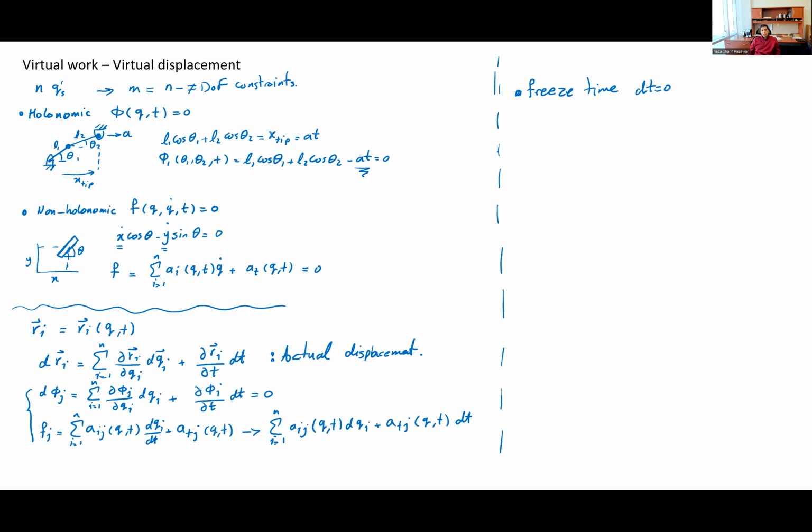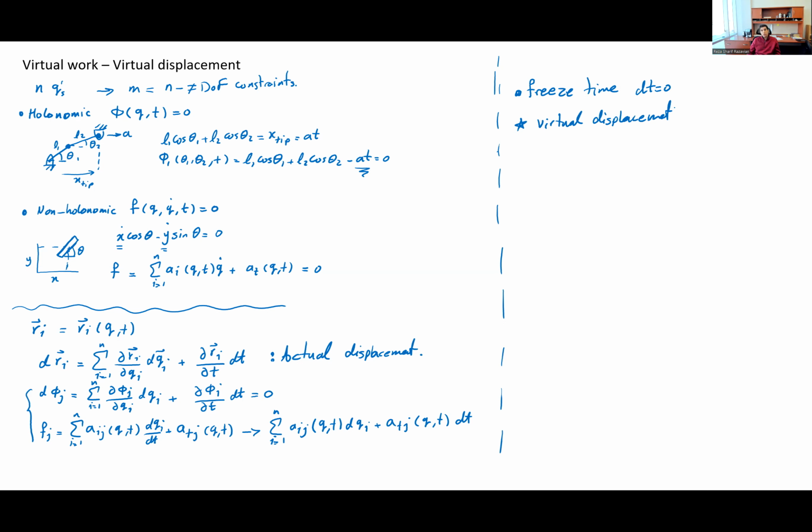But if we assume that the system moves without any time passing, this is an imaginary displacement, and that's why we call it a virtual displacement.